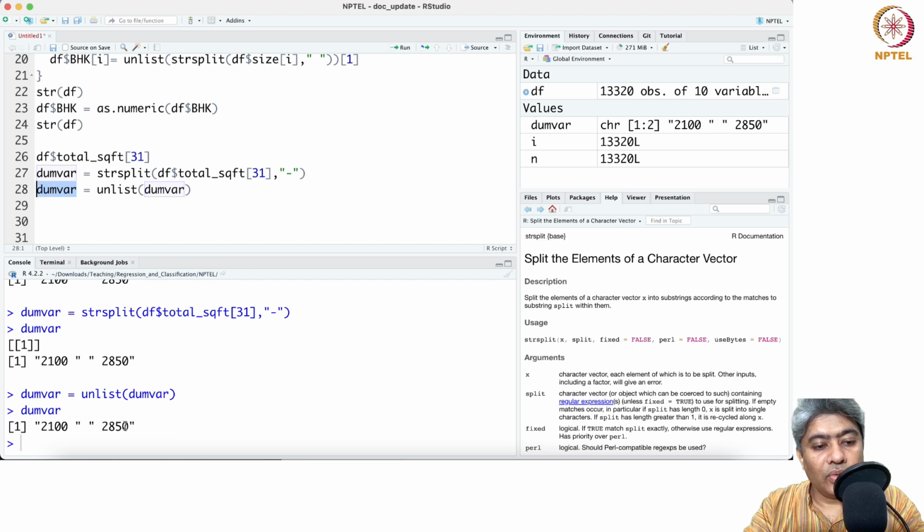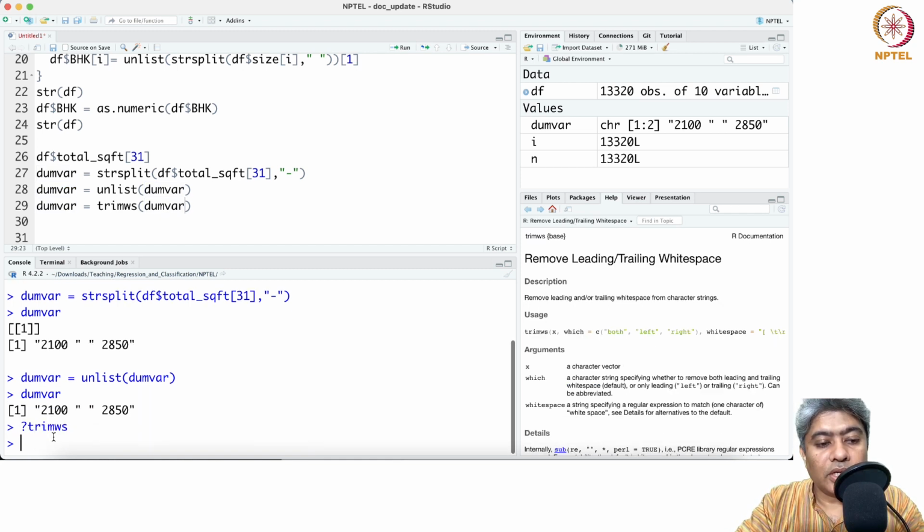Now it has the two elements as a vector, but both of them have some white space added to them. So we will trim the white space. If you search question mark trim white space, you see it removes leading or trailing white space, that's called trim ws.